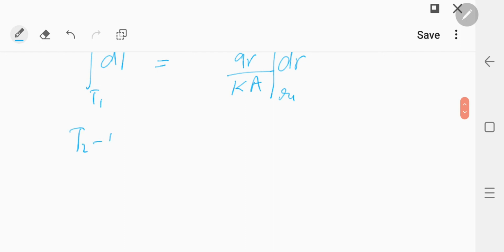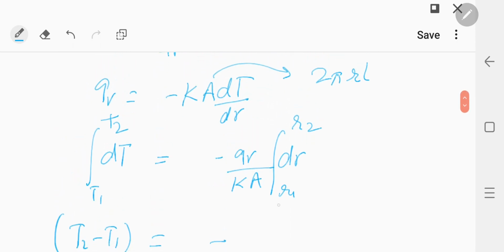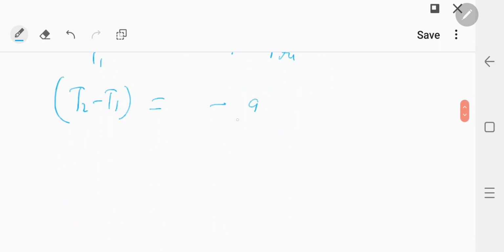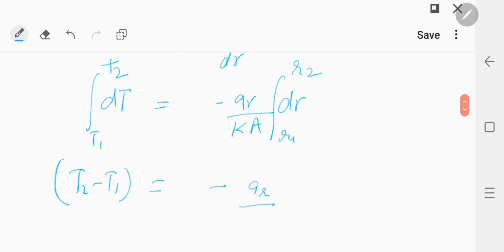The area depends upon radius, so the area is inside the integral.